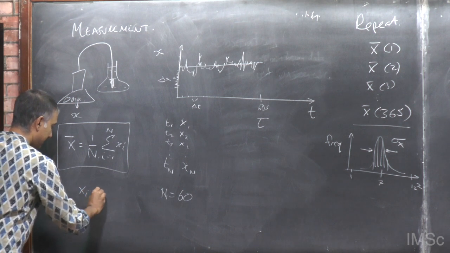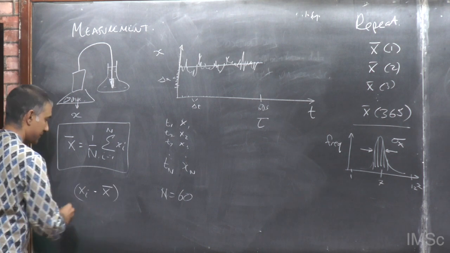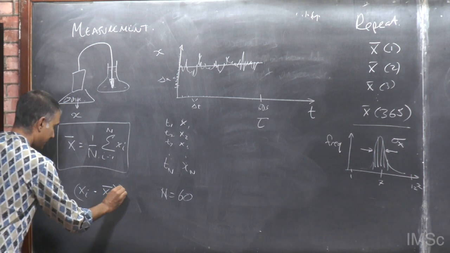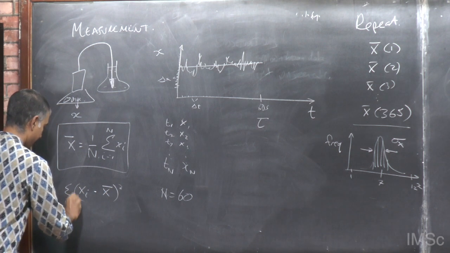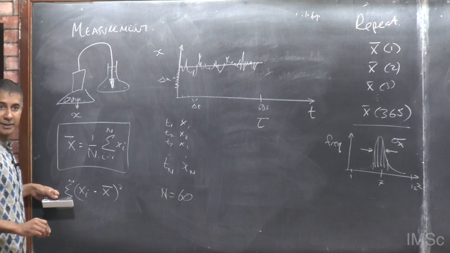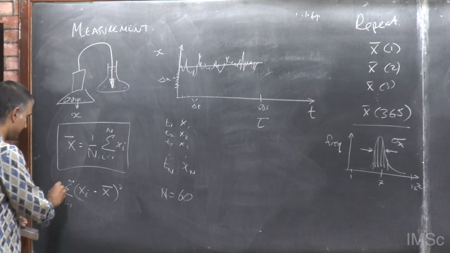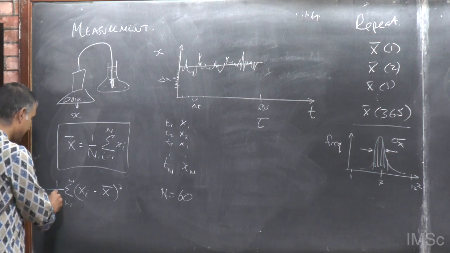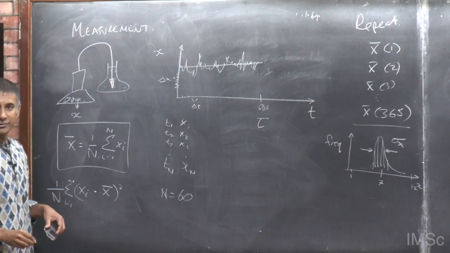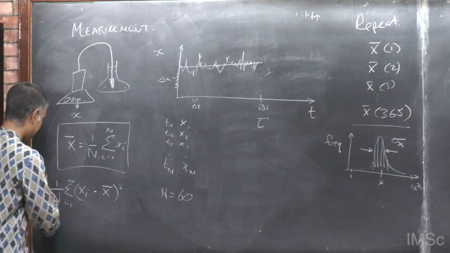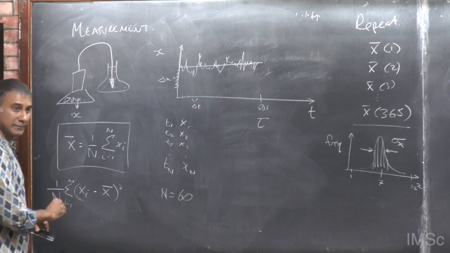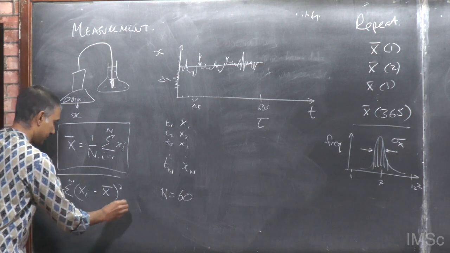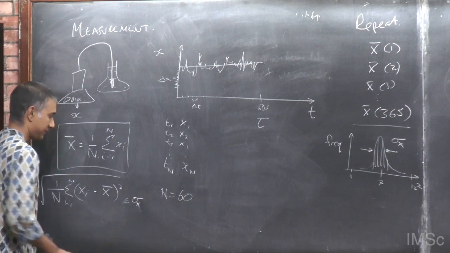It's the sum of xi minus x bar, squared, divided by 1 by n. Try again. Okay, let's go for n for now. That's wrong, but let's go for n for now. And then what do we do? Square root. So this is called sigma x.